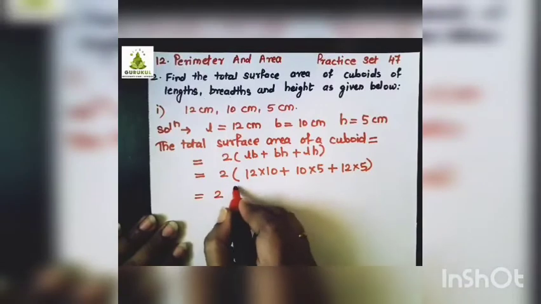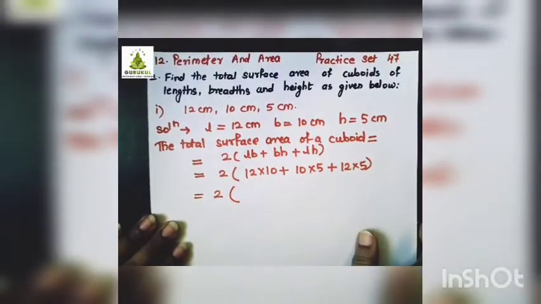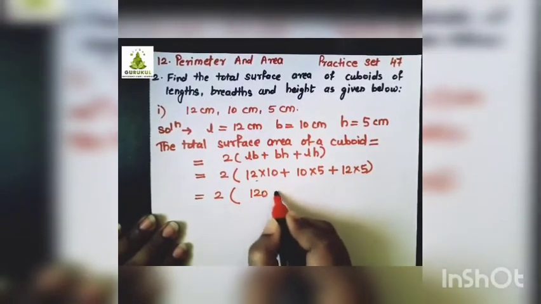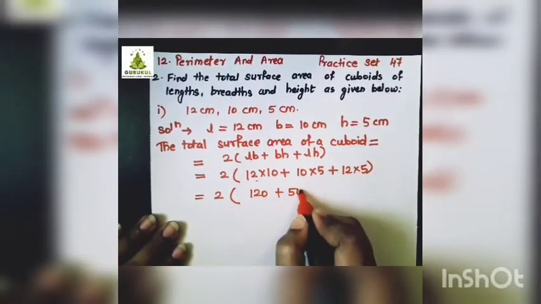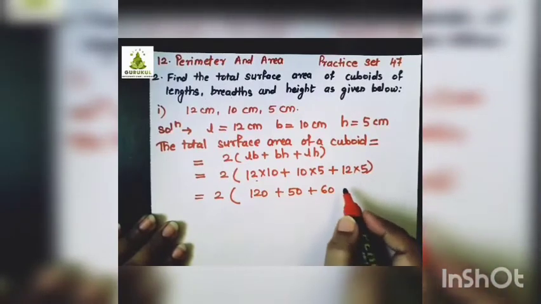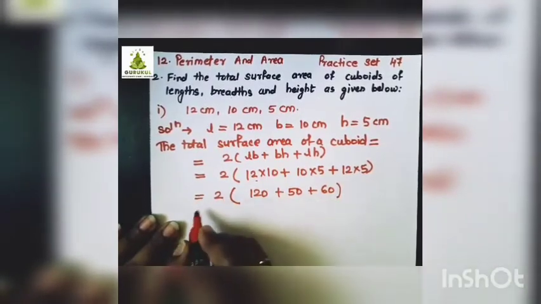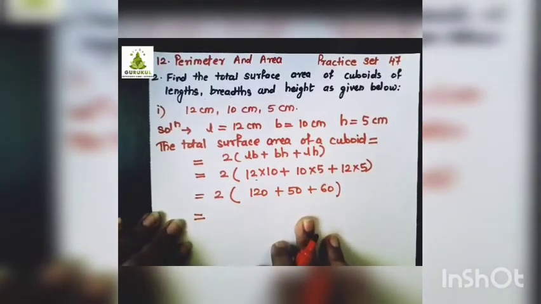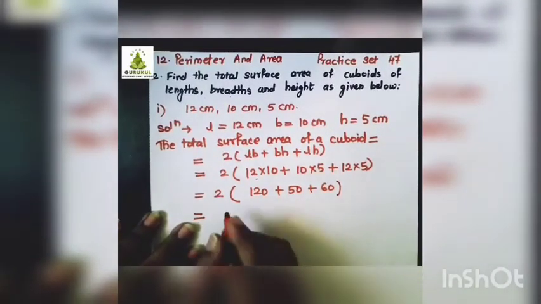So 2 into bracket. Do the multiplications. 12 tens are 120 plus 10 fives are 50 plus 12 fives are 60. Do the addition. 120 plus 50 will be 170. 170 plus 60 will be 230.